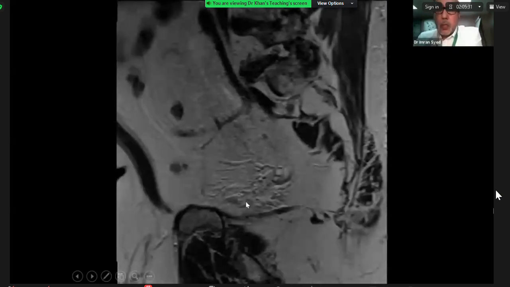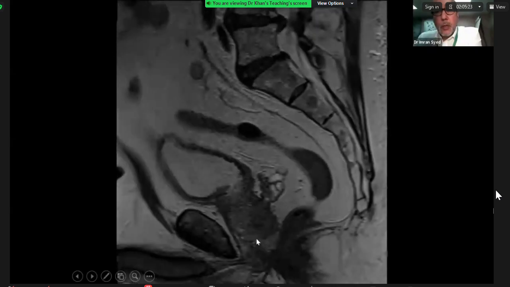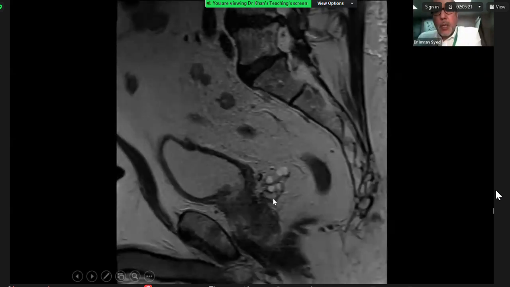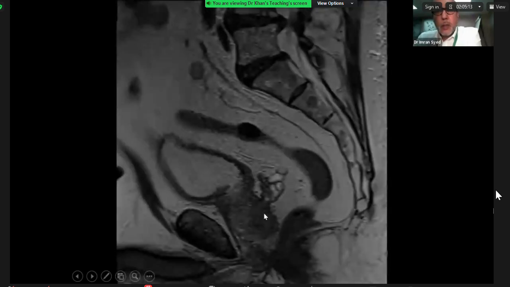Now, the sagittal sequence, as we said before, is used to define seminal vesicle invasion. So you can see the tumour here, and you can see that the demarcation of the seminal vesicle is very well demarcated on this side, as well as this side here.